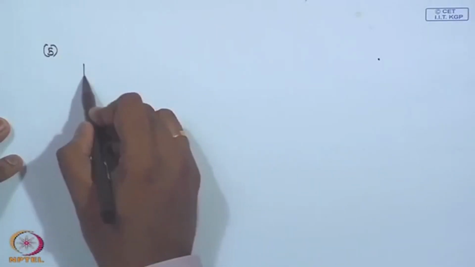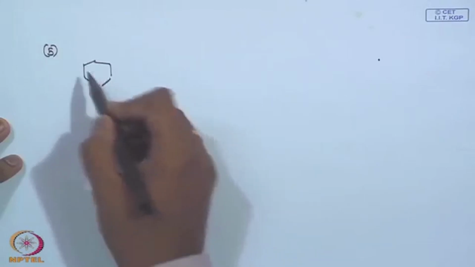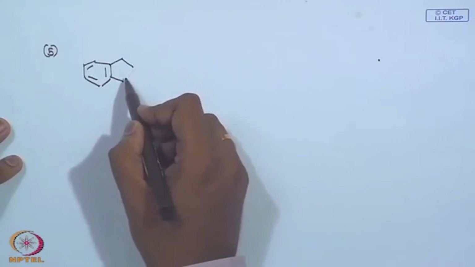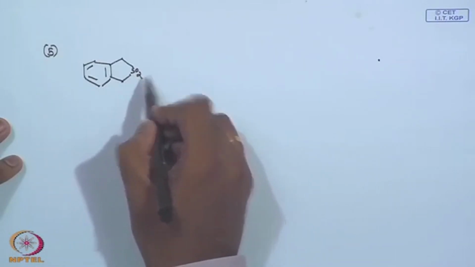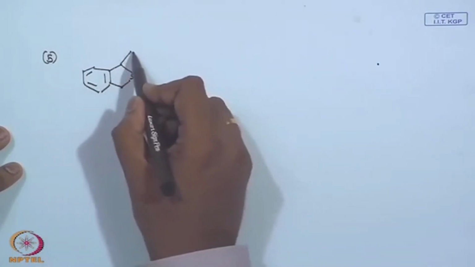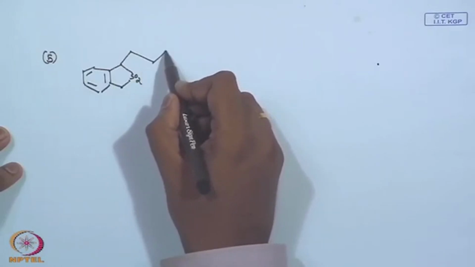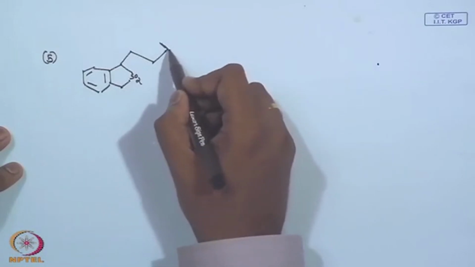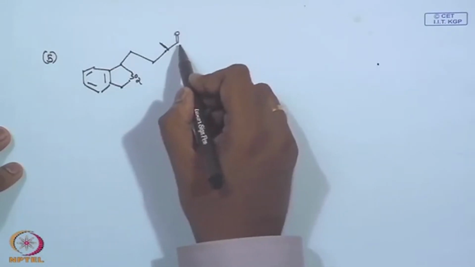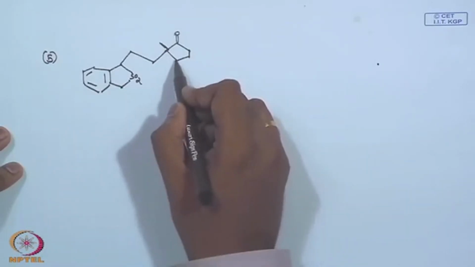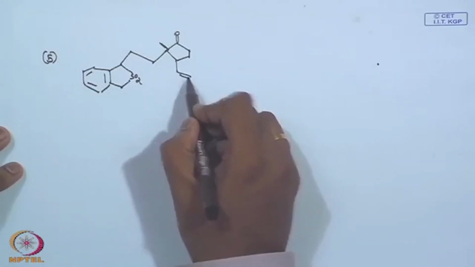So what we'll do, we'll take a sulfur dioxide, okay. Methyl, think about my cyclopentanone system, my alkene. Okay, I'm taking this molecule now.